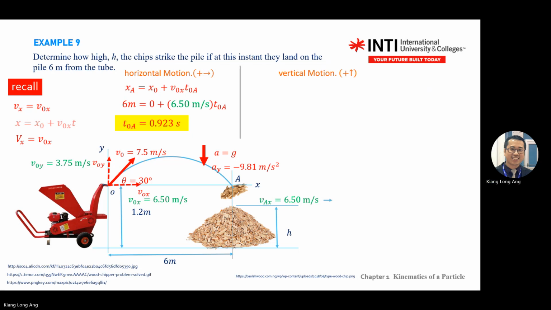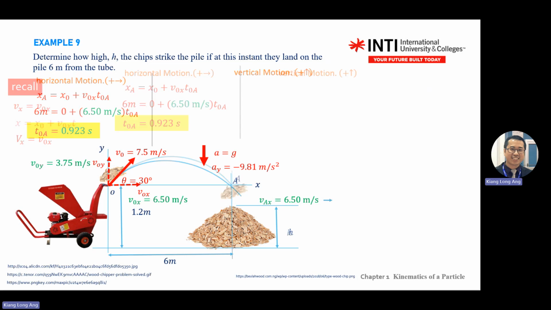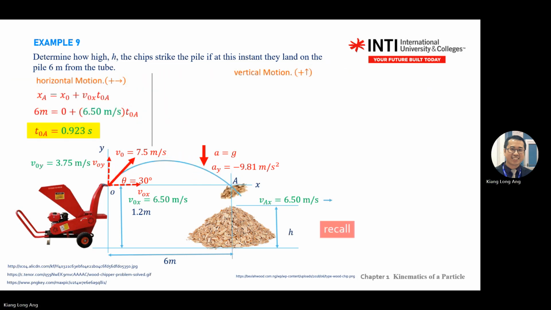Okay. So for the vertical side, I call out the equation that we derived. Same, you pull out the three equations, and then you write A equal to negative G or negative 9.81, and you arrive at these three equations.